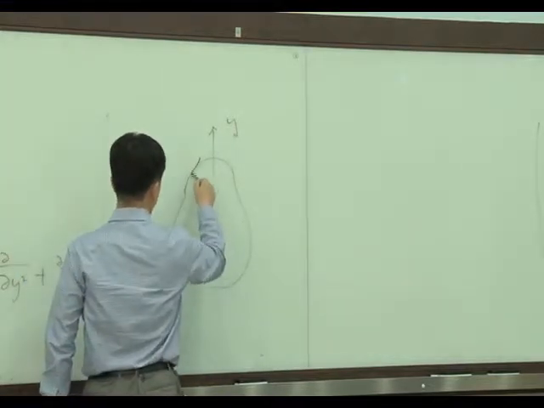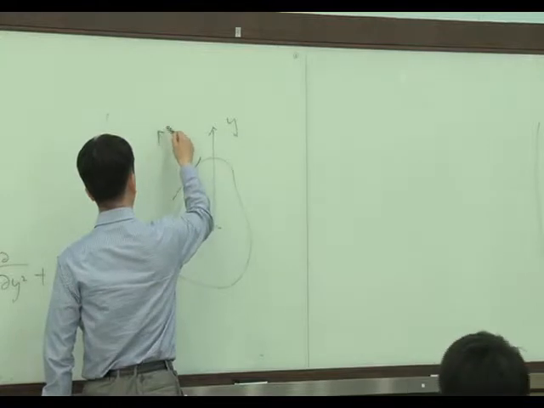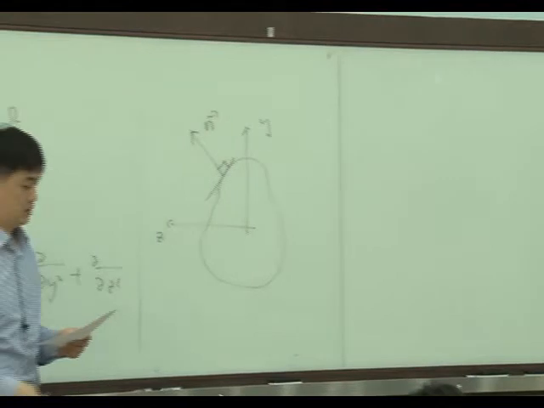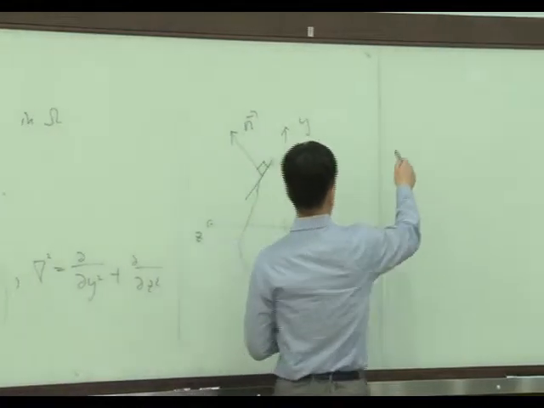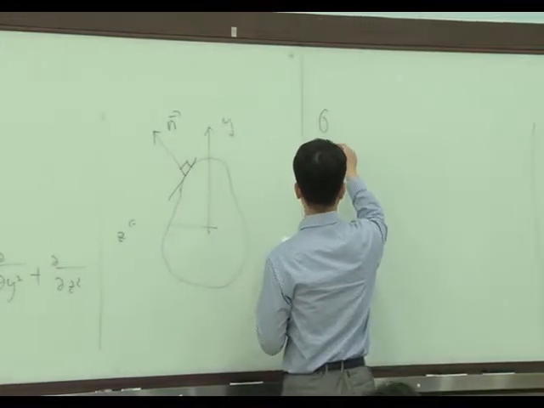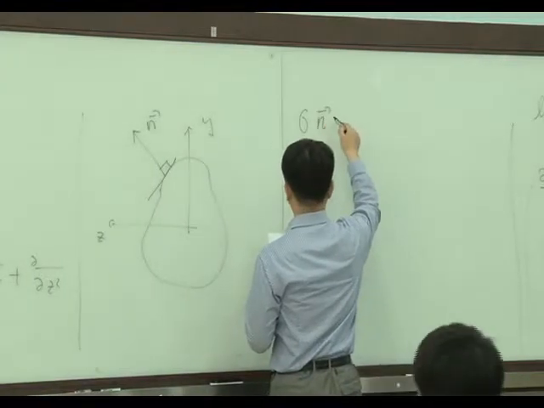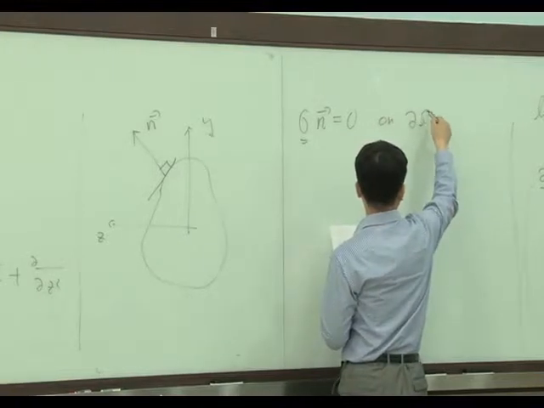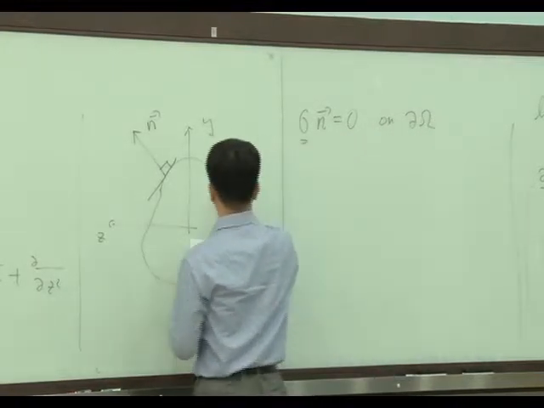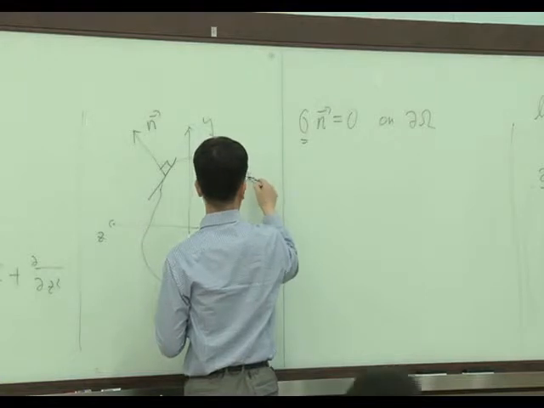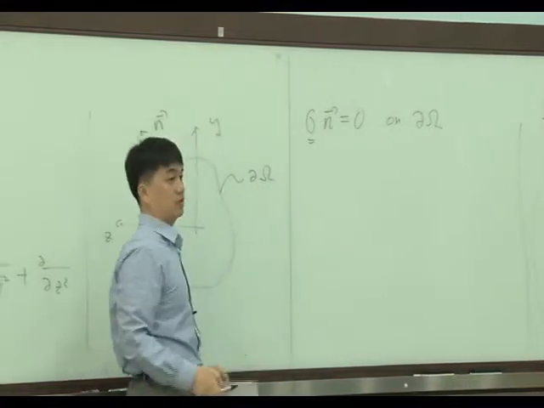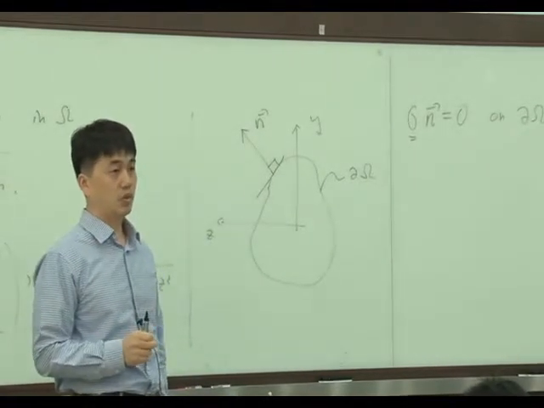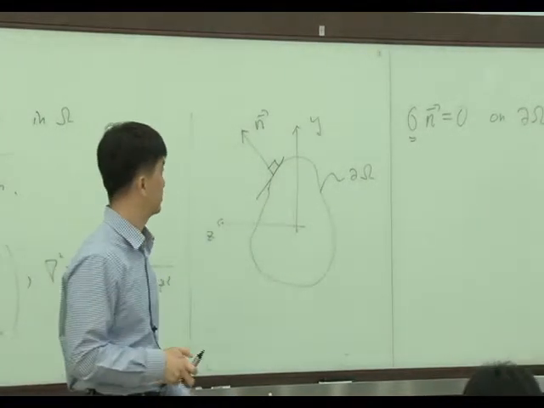Let's consider a surface defined by its normal vector n. Stress times n equals 0 on this surface, which is the boundary partial omega. This is equilibrium on the surface.